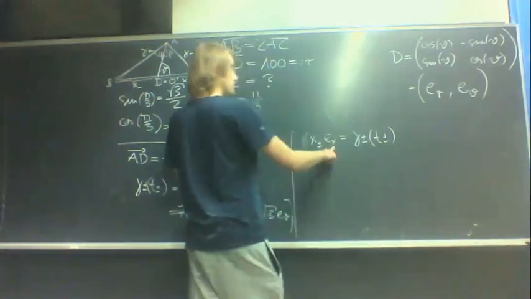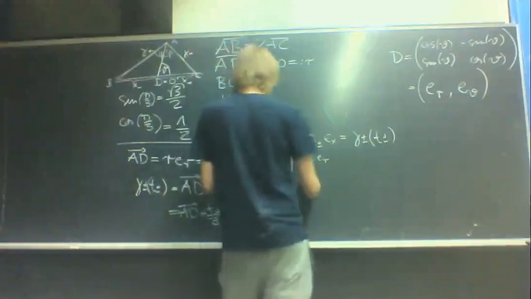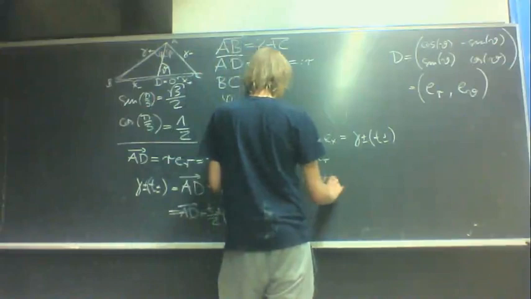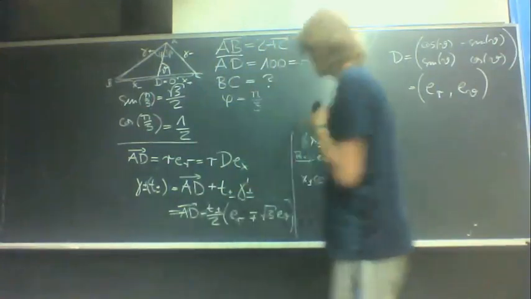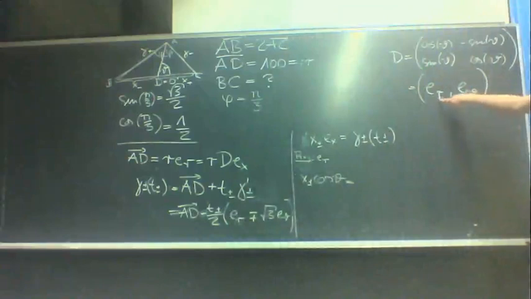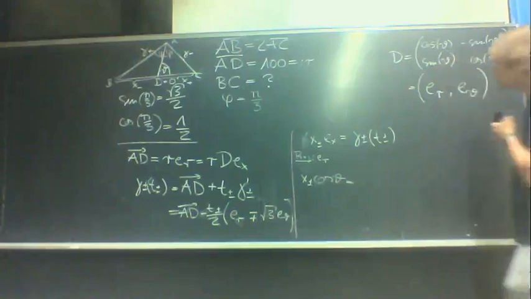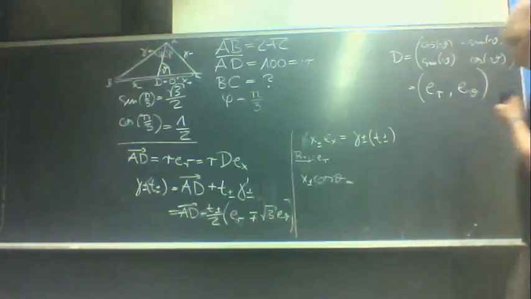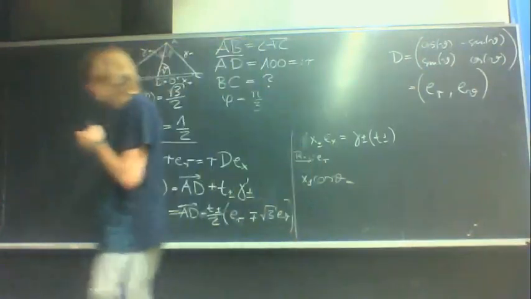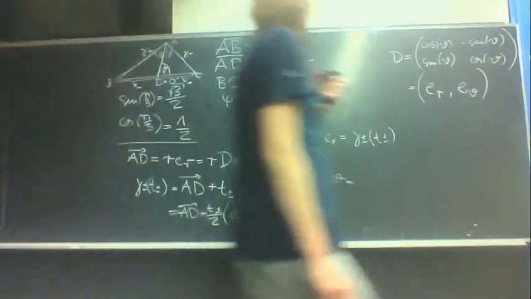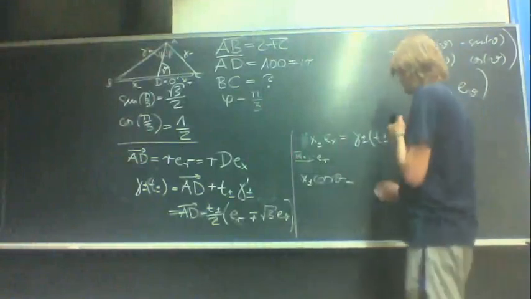So this will be x plus minus cosine of theta, and we know the scalar product of ER and E theta is 0, because cosine times minus sine is the additive inverse of sine times cosine theta. Did I say phi? Whatever.